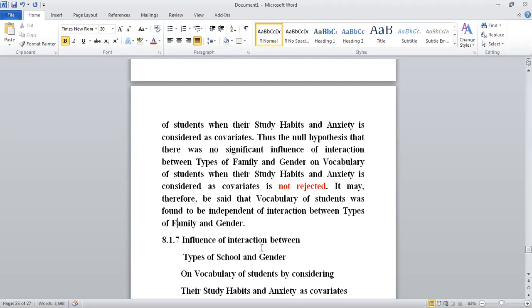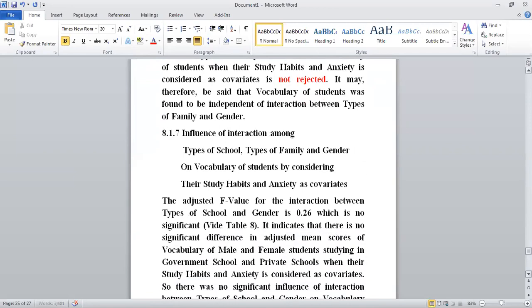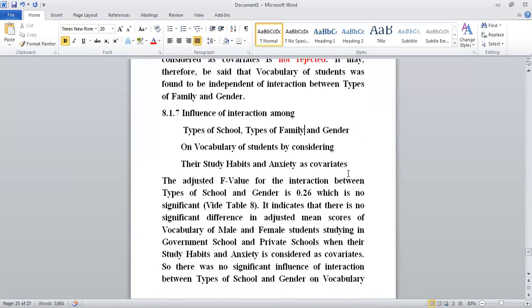Now, seventh is interaction, not between. Now, it has to be among. Interaction among types of school, types of family and gender on vocabulary of students by considering their study habits and anxiety as covariates.